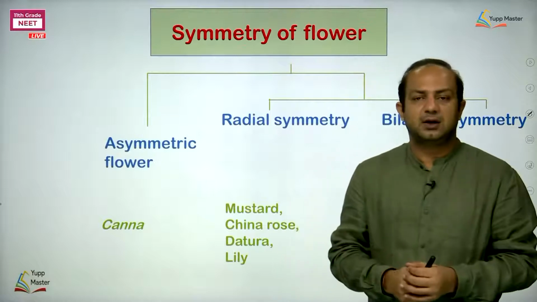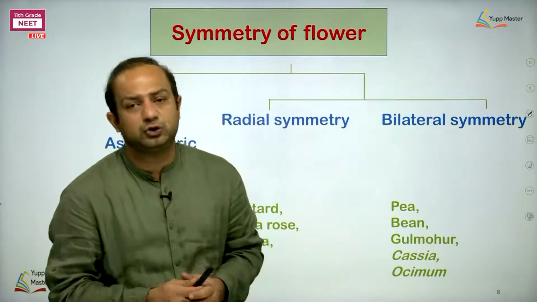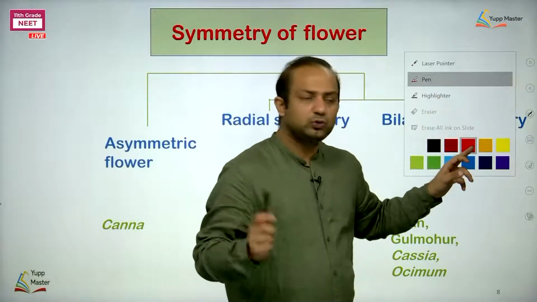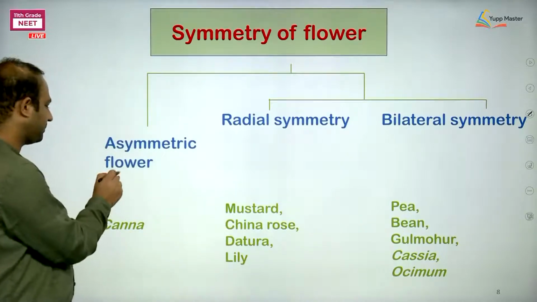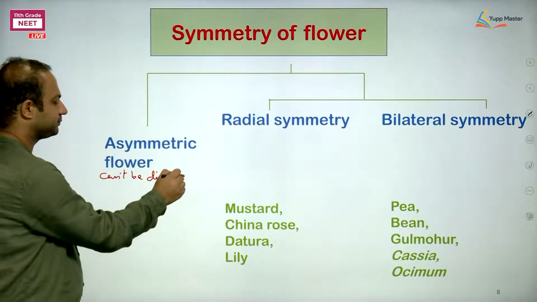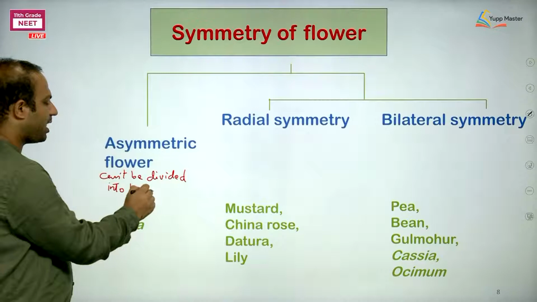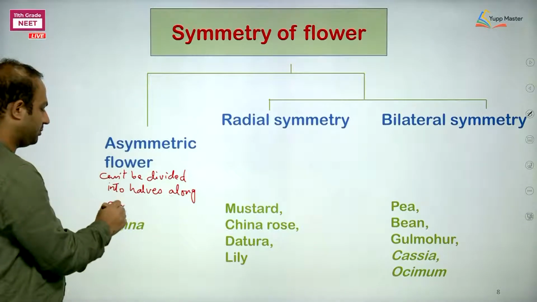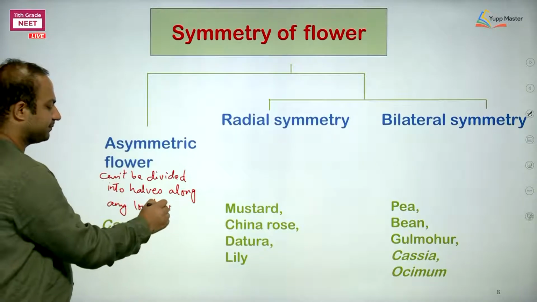An asymmetrical flower, like Canna, means you can't cut the flower into equal parts, or halves, along any long or vertical axis.